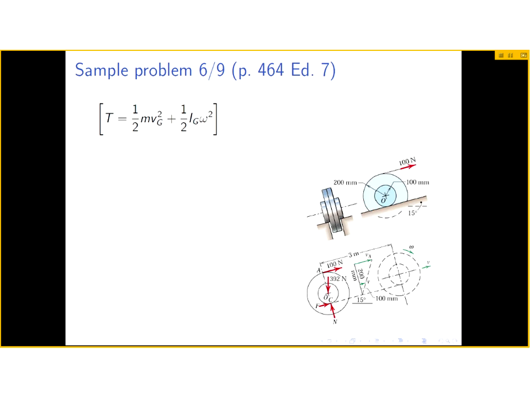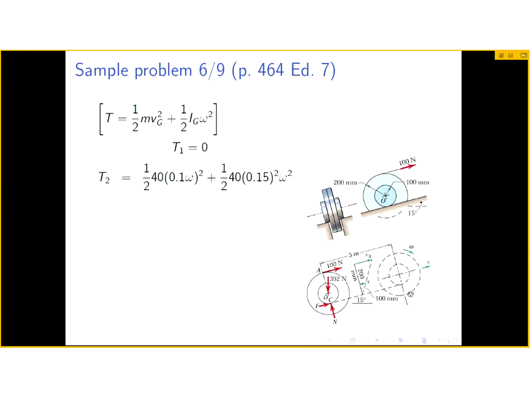Let's next look at the kinetic energy, and we're going to use the kinetic energy expression that we've derived for general planar motion that is given here. Using this, we can say, once again, we're starting from rest, so our initial kinetic energy, T1, is just 0. And then our final kinetic energy, when the wheel has moved 3 meters up the incline, will be, using this equation, half times the mass of 40 times Vg squared.